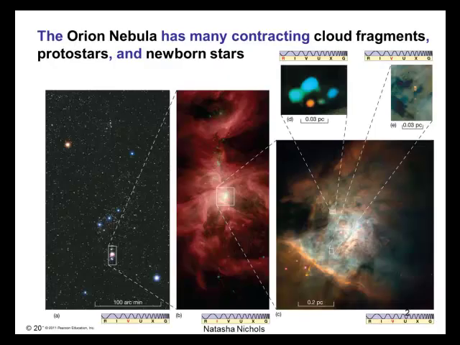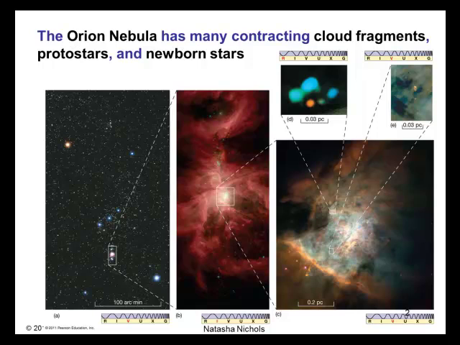The Orion Nebula, M42, has many contracting cloud fragments, protostars, and newborn stars. If we take a closer look at the Orion Nebula, starting from frame A, we see the constellation Orion, and the region where the Orion Nebula is located at is the middle star of Orion's sword.